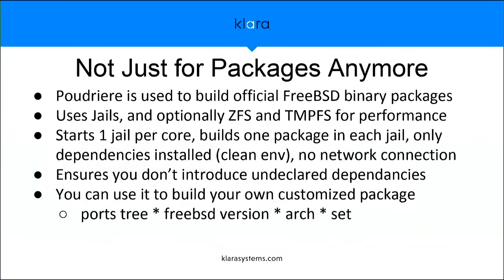So in my investigation of ways to make the images nicer, I've actually stumbled across Poudriere. Poudriere, if you don't know, is the tool used to build the binary packages for third-party programs on FreeBSD. So it builds all the ports in the ports tree as packages that you can download. It does this in an interesting way.